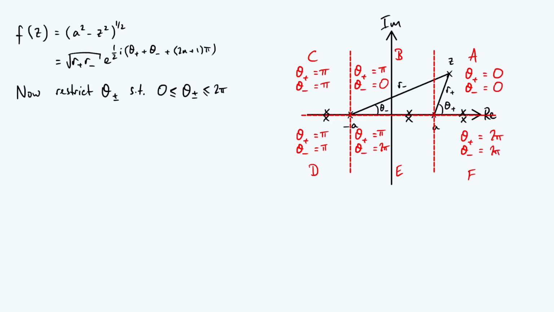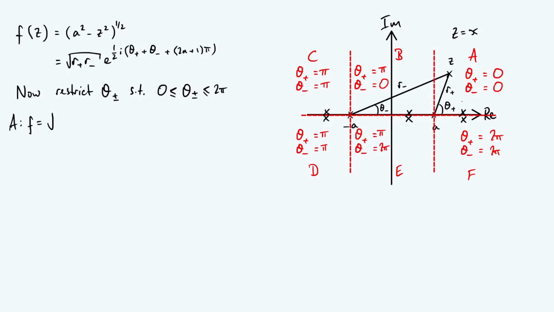So let's do some substitution and actually come up with simplified versions of f of z in each of those different regions. Remember that because we are focusing on values of z that have infinitesimally small imaginary parts, we can basically say that z is just some real number x. So in region A, what is f equal to? Well, we start off with our square root of r plus r minus. R plus and r minus, remember, are the positive distances from your point z, which is on the real axis, to each of the points a and minus a.